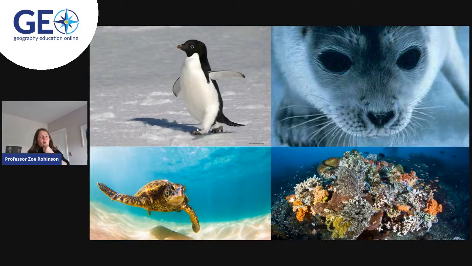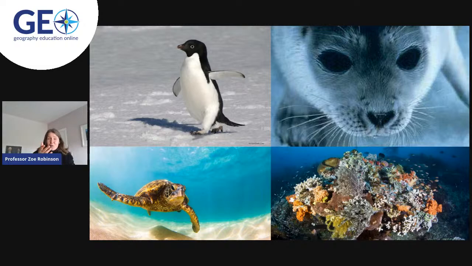And if I just take a quick journey through some of the impacts that we've already seen. So at the top, our lovely penguin, I think that's an Adelie penguin. We've seen colonies in West Antarctica decline by 80% since the 1970s. We've got a seal here on the right.